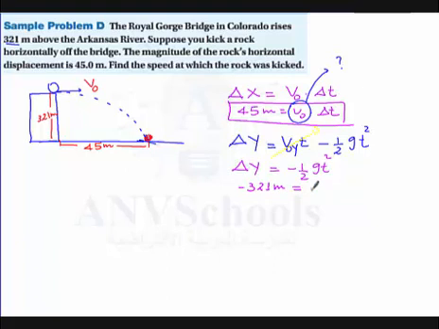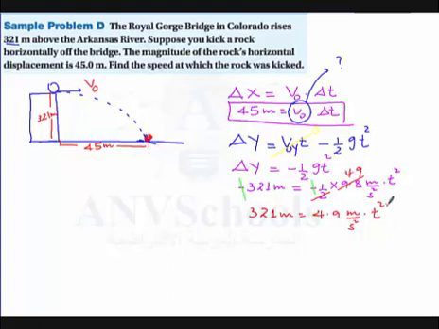So negative 321 equals negative 1 over 2 multiplied by 9.8 meters per second squared times t squared. Simplifying, you get 4.9, and the negatives cancel out, so 321 meters is equal to 4.9 meters per second squared multiplied by t squared.